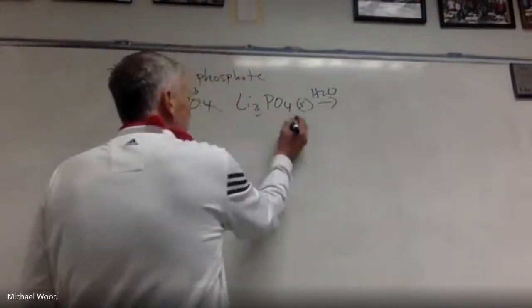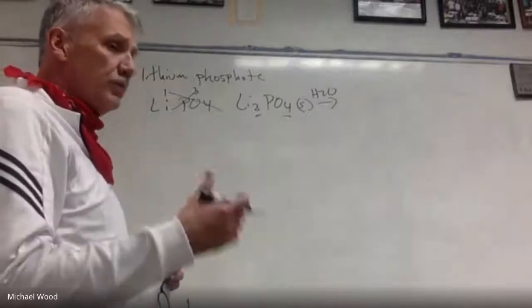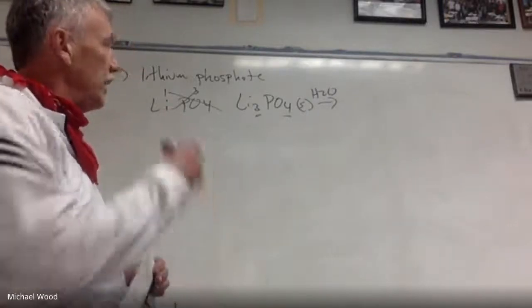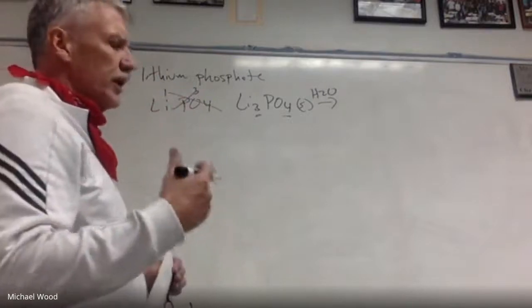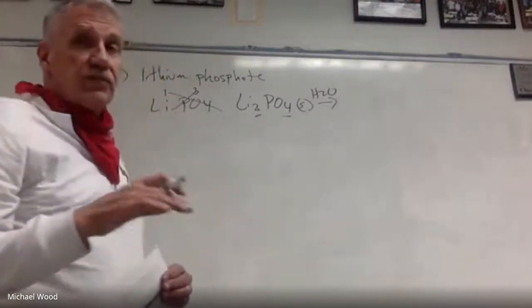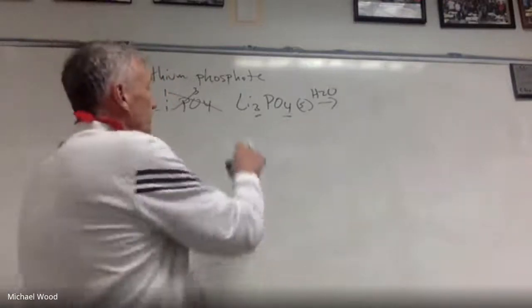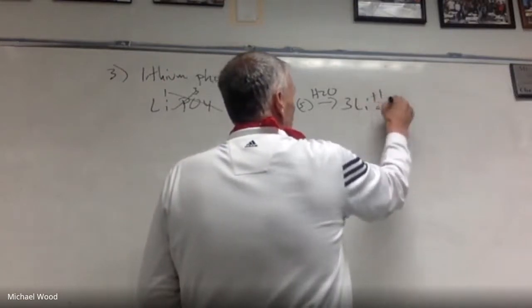And what's always tricky are these subscripts. If the subscript is part of a polyatomic ion, like this 4 is part of phosphate, it will remain a subscript. But if not, it'll go to the front. So the 3, because it's not part of a polyatomic ion, goes to the front.